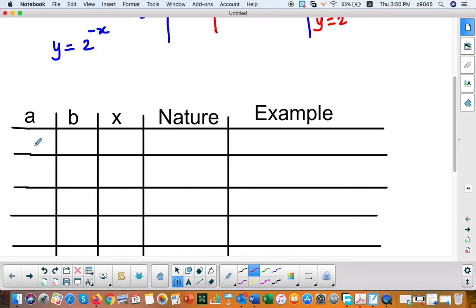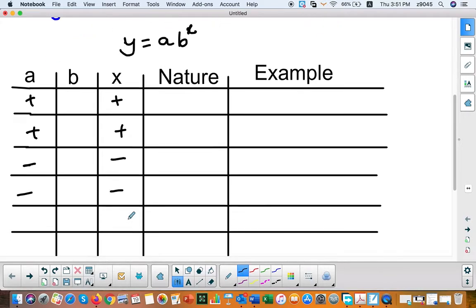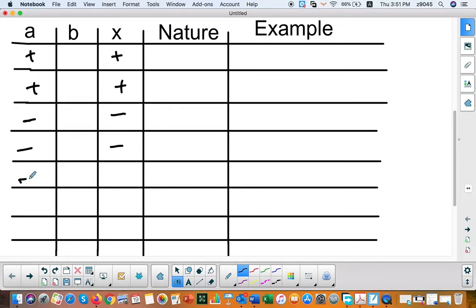Now, the different natures of a and x. As we know, the standard equation of the exponential function is y equals a b to the power x. Depending on a and x, they both can be positive, both can be negative, one positive and one negative, or one negative and one positive.